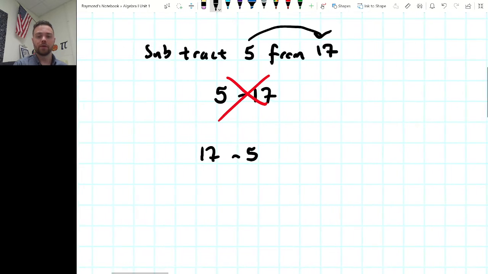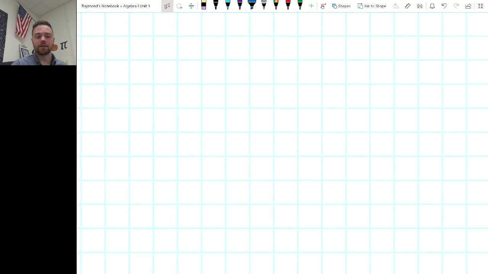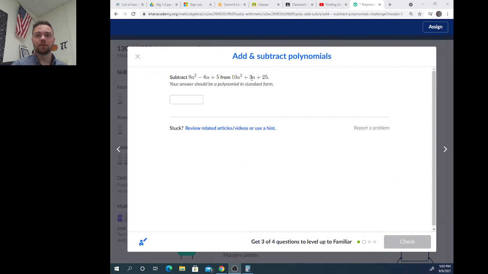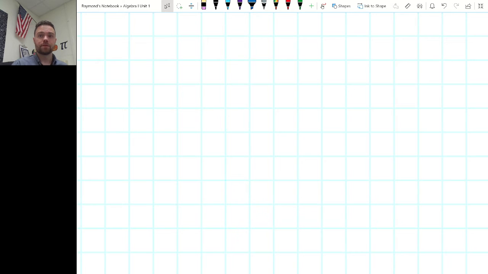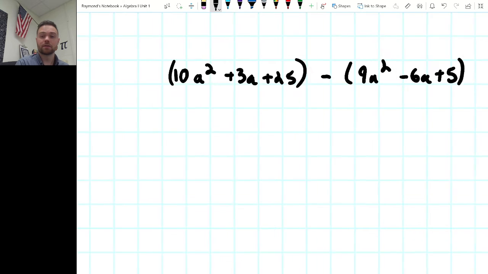A lot of people have been getting this problem wrong because they're not understanding that 10a squared plus 3a plus 25 goes first. These I would package in parentheses, and I'm going to go over why. So 10a squared plus 3a plus 25 goes first. And then you subtract 9a squared minus 6a plus 5 from it.